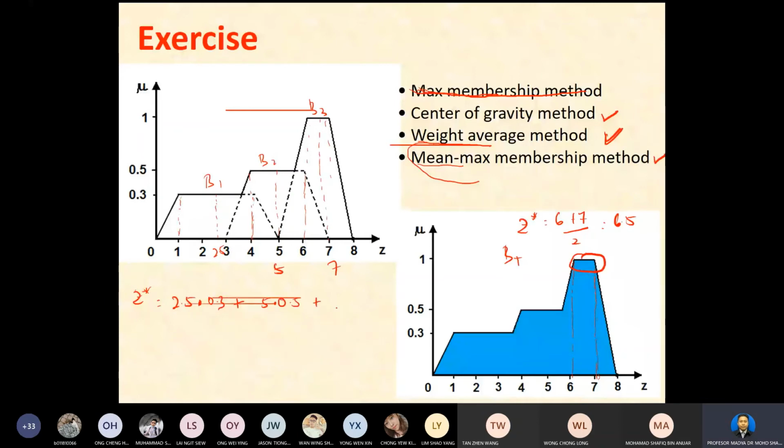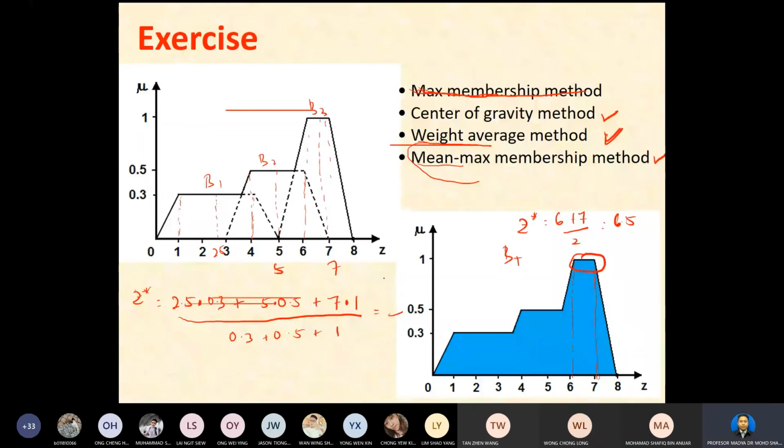Divide by the membership values, so 0.3 plus 0.5 plus 1. That is the output. You can use the calculator to get the output here. That is for the weighted average.